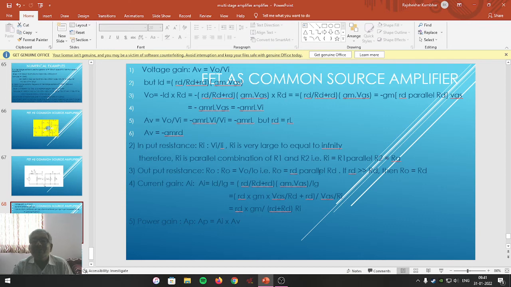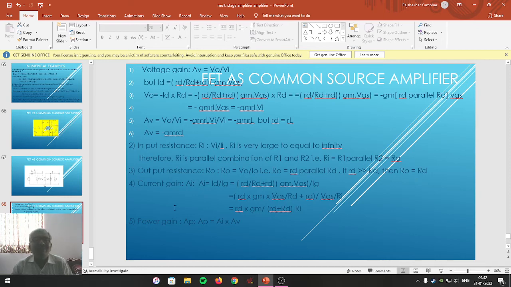In this equation, if small rd is much greater than capital RD, then RO is as good as equal to capital RD. It means during the analysis of FET as a common source amplifier, we are going to treat output resistance as the same as the load resistance which we have connected.